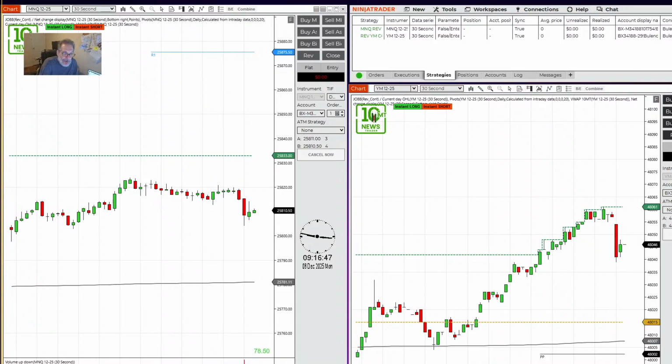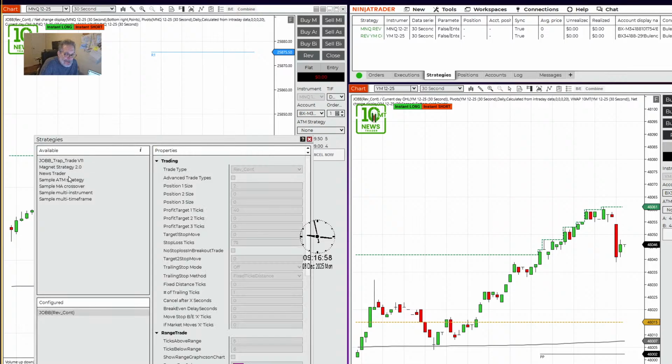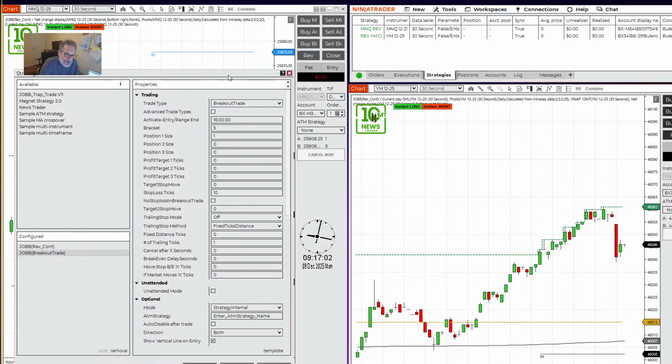And then we have our MNQ breakout. Right click, strategy, double click news trader. Breakout is already there, but I'm going to load my template.